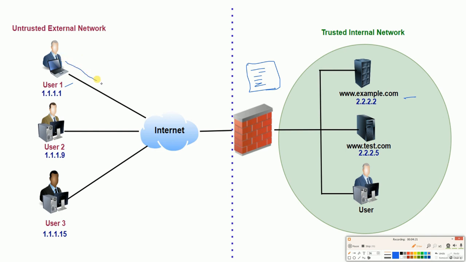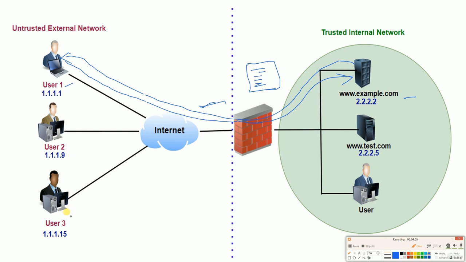When his request is hitting the firewall, the firewall will look at the security policy that is defined in it, and if it is set to allow, if it is set to permit, then this traffic will be permitted to the destination, and you'll be seeing a response from that application to the user.